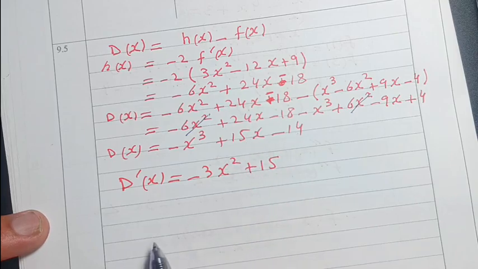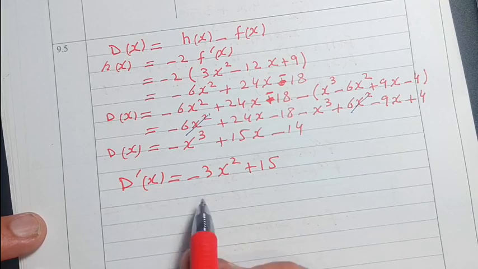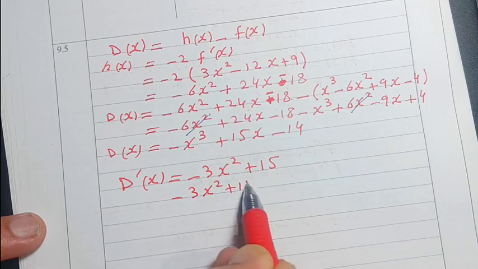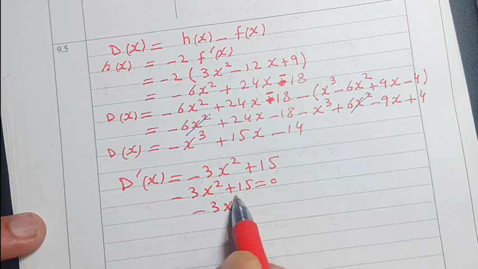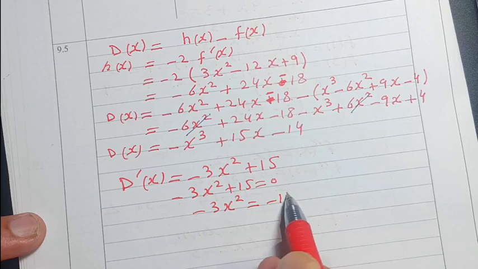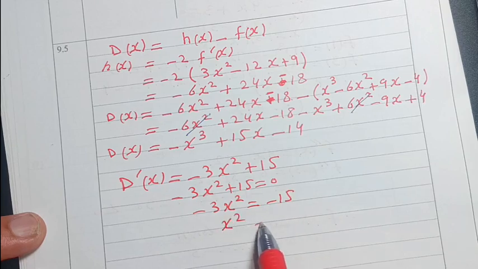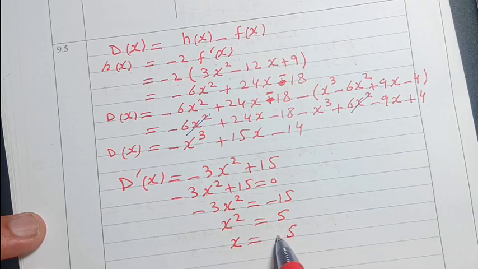Now, the first derivative must be equal to 0 to find the maximum. So -3x squared plus 15 is equal to 0. So -3x squared equals -15. x squared is going to be 5. x becomes square root of 5, positive and negative.